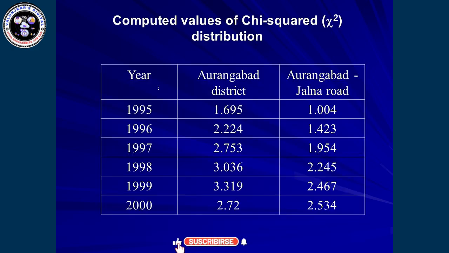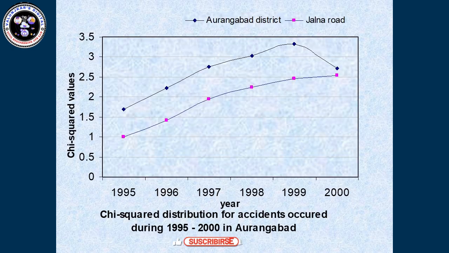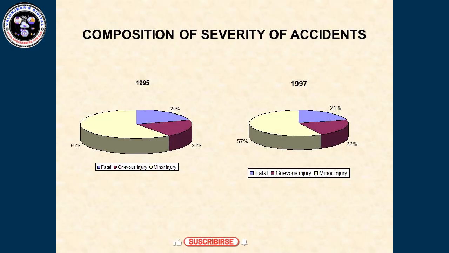This is the computed value of chi-square distribution for 1995 to 2000, given as under. So these are the chi-square values for accidents that occurred during 1995 to 2000. Composition of severity of accidents.